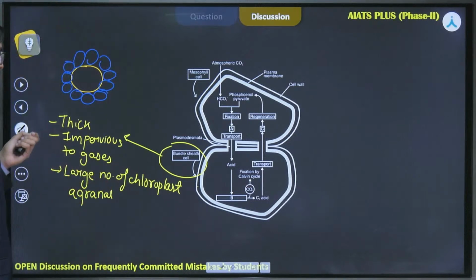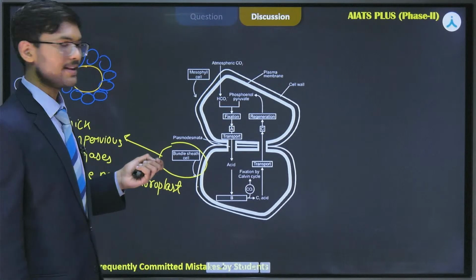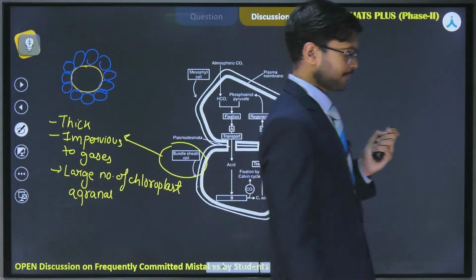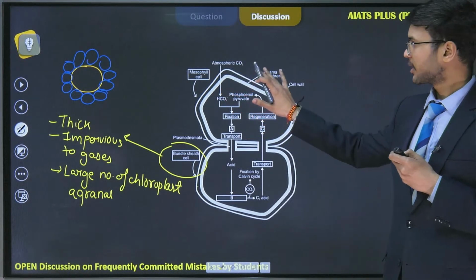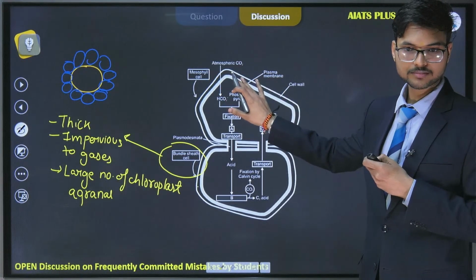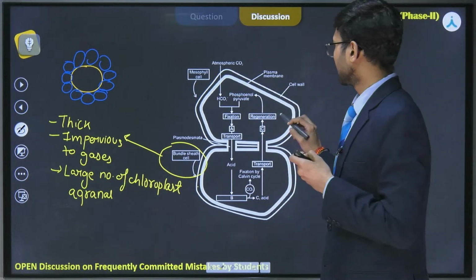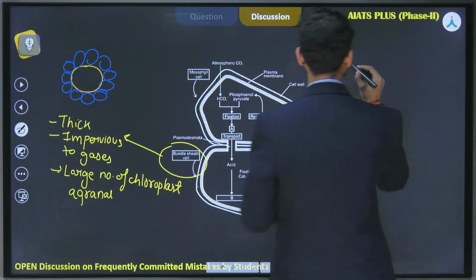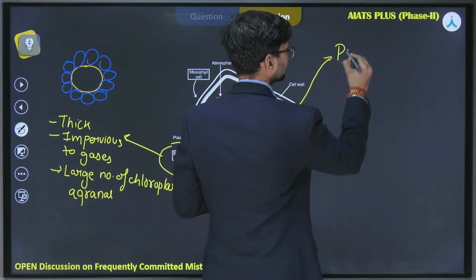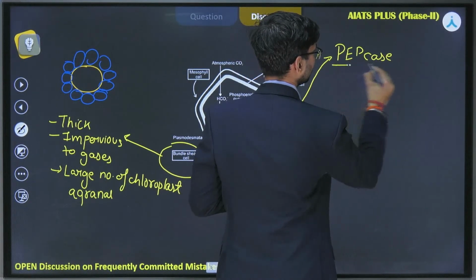Okay. Now there are certain features with respect to the presence of enzymes in the C4 pathway. You are seeing the mesophyll cell here. Let's see the pathway itself of C4 plant. If you see the mesophyll cell, you will find that there is presence of an enzyme called PEPcase.